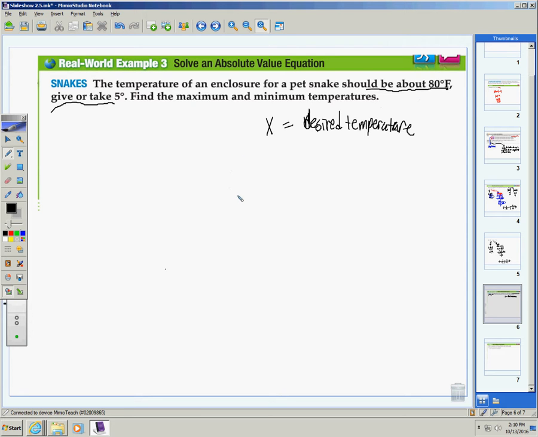So I need to be within 5 degrees of 80 degrees. The way I do that is I take, this should be the actual temperature, the actual temperature minus what I want it to be, and I want that to be 5.